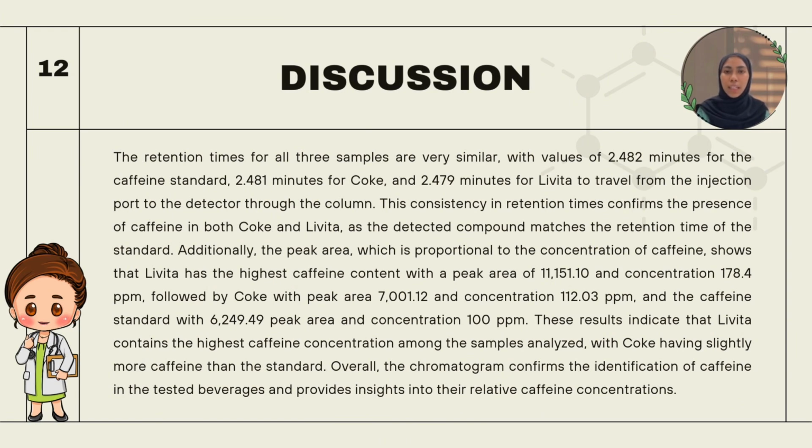This result indicates the Levita contains the higher caffeine concentration among the samples analyzed, which could have slightly more caffeine than standard. Overall, the chromatogram confirmed the identification of caffeine in the test beverages and provides insight into their relative caffeine concentration.